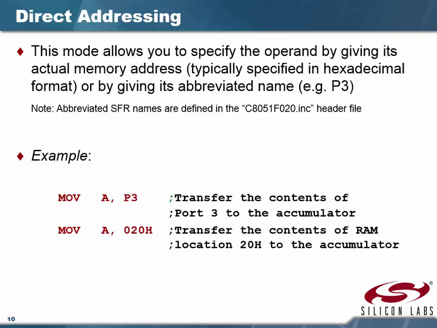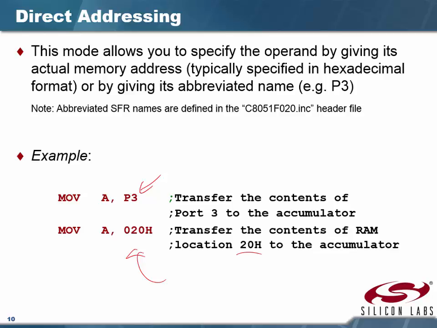Here, we're moving with direct addressing. Port 3 is actually a memory location in the special function range, and we're moving its contents to A. In terms of real life, we're looking at the port and reading the data on the port. Here, we're moving the contents of memory location 20 to the accumulator.